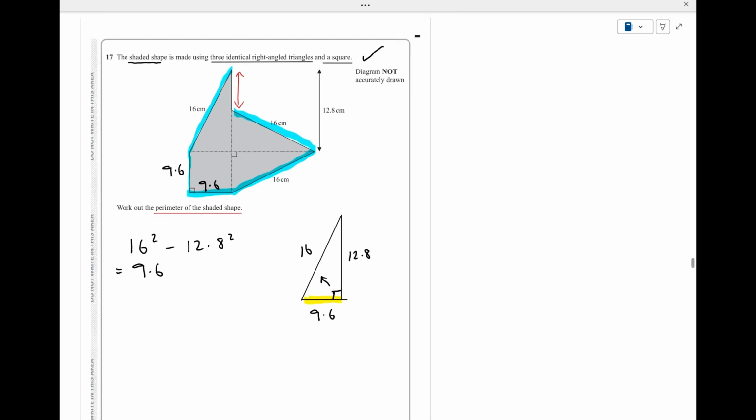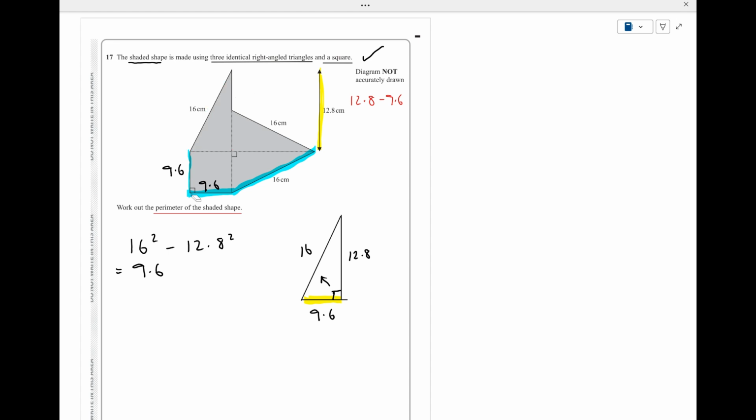Well, I know that this bit is 9.6, and I know the whole thing is 12.8, right? So this little bit here is 12.8 minus 9.6. Do that on my calculator. 12.8 minus 9.6, 3.2. So let's label that now.